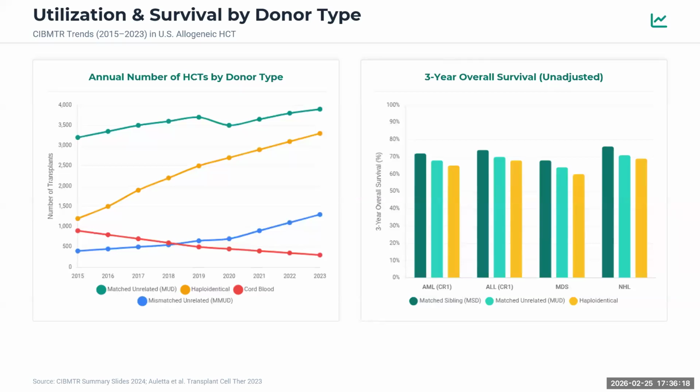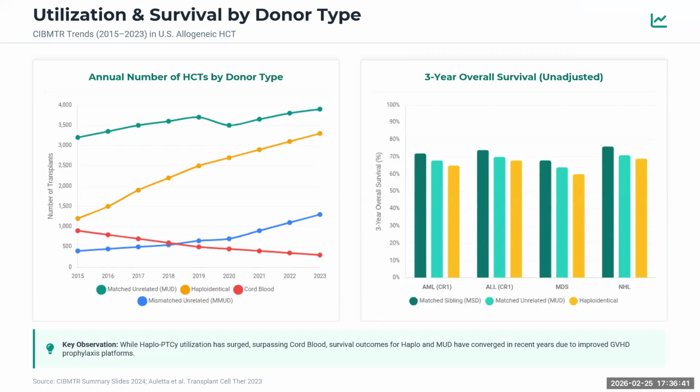This reflects the improved platforms with the PT-Cy, a lot of GVHD prophylaxis, and other supportive care. So you're seeing quite similar survival rates across the matched sibling, mismatched, unrelated, and haploidentical space.